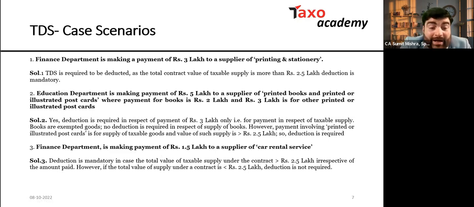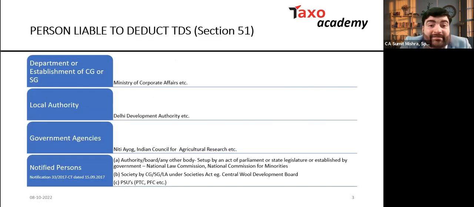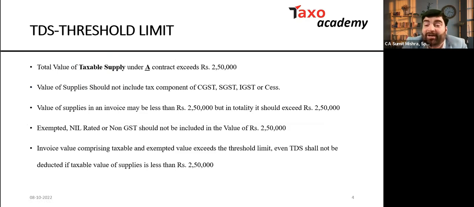So I believe I have clarified most of the things about the TDS. The important aspect, I'm reiterating, is taxable supply. Whenever you come across a transaction where you have to identify whether TDS provisions are applicable or not, first check whether the supply is taxable or not.